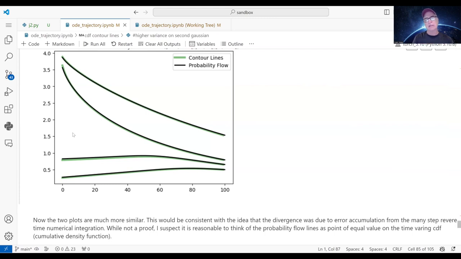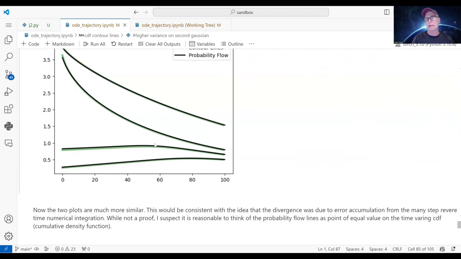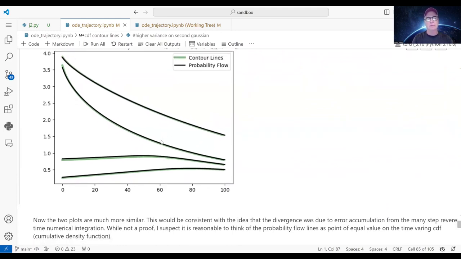Given this drill down, it's not a proof, but I feel like this is a reasonable way to think about it: the trajectory of these constant value points on the CDF over time is very close to the probability flow line. So anyhow, that's what I got to.